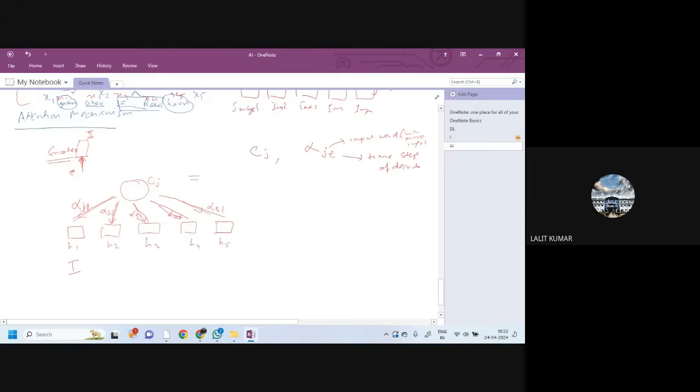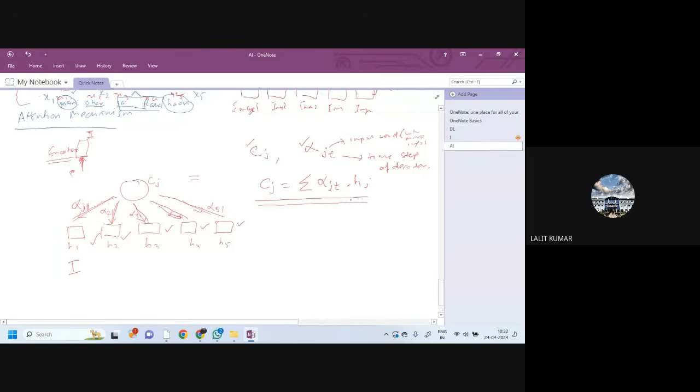From alpha only this Cj will come. Cj is nothing but the weighted average of alpha Jt into Hj. So whichever H is relevant will get more weight. Is this Cj part clear?